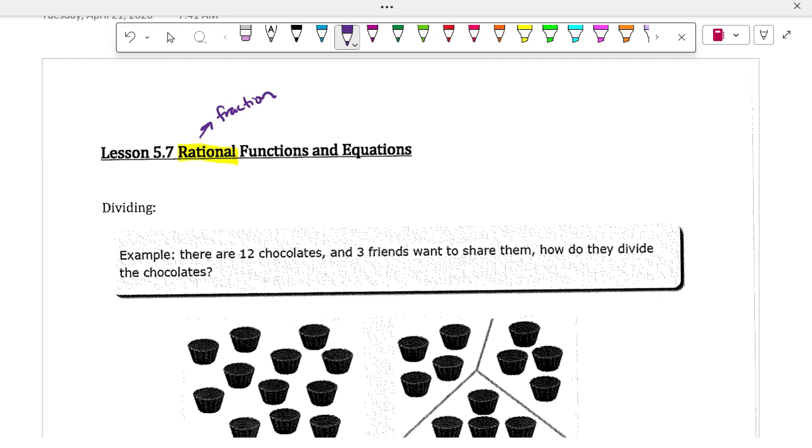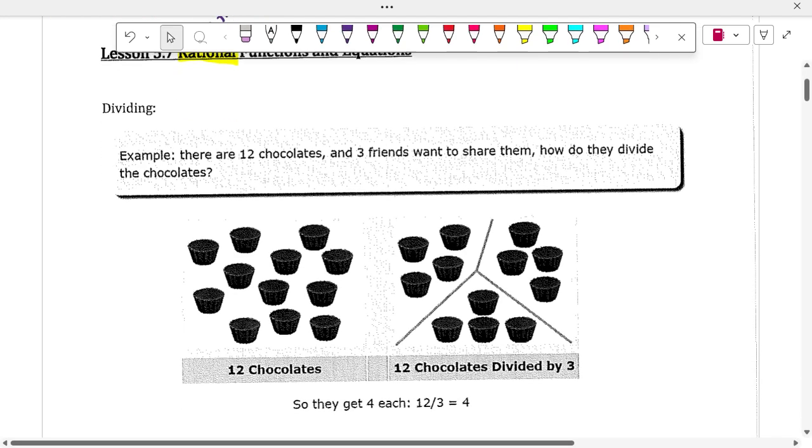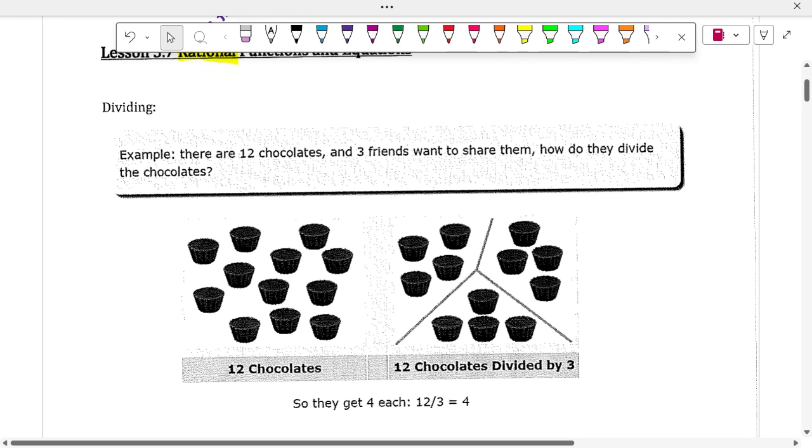So as true fractions, that's what it means by rational. Irrational means you can't represent it as a fraction. So obviously rational functions means that they're going to be written as fractions. Typically, the stereotypical rational function has an x in the denominator. So it'd be like 1 over x.